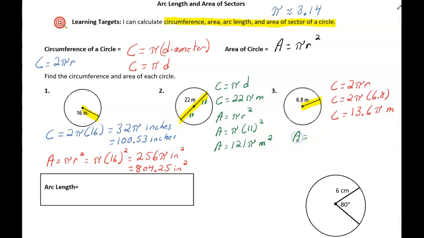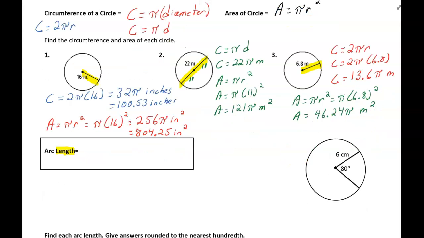The area is pi r squared. The radius is 6.8. Typing that in my calculator, I'm going to get 46.24. And I need to write the pi, and then it'd be meters squared. So we just went through finding the circumference and the area of a circle in problems 1, 2, and 3.